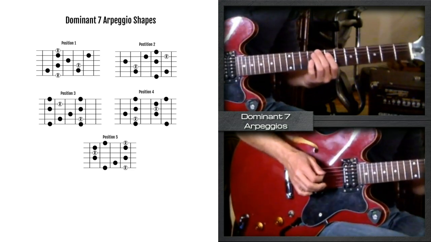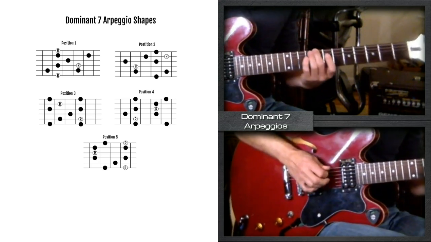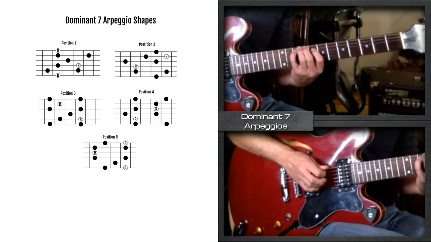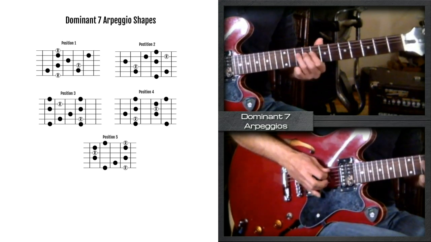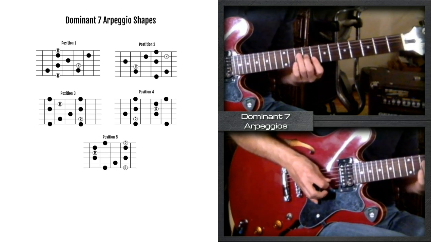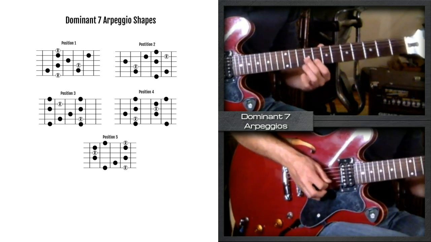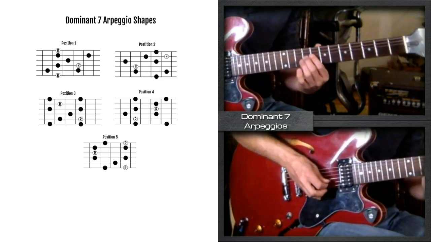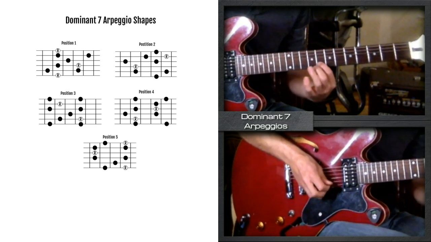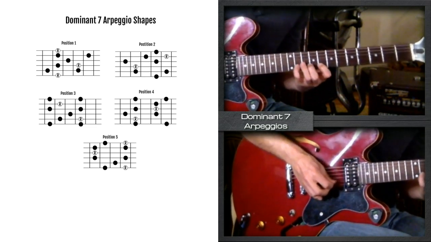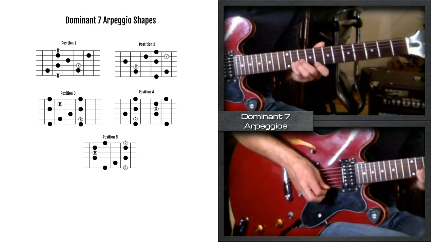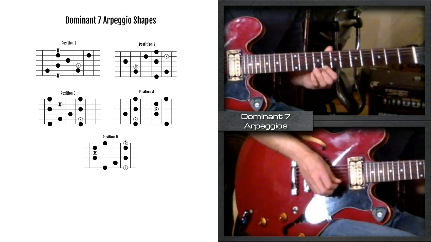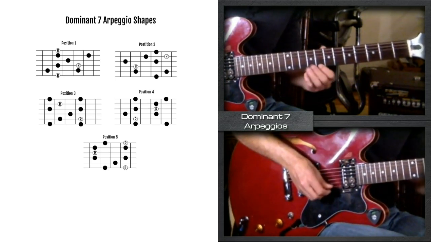Start on the 8th fret of the lowest string, 7th fret of the A string, 10th fret of the A string, 8th fret of the D, 10th fret of the D, 9th fret of the G, that was the 3rd note of the scale, sorry. 8th fret of the B string, 11th fret of the B string, that's the B flat, that's the flat 7. And then you have your root note again up here on the high E string.